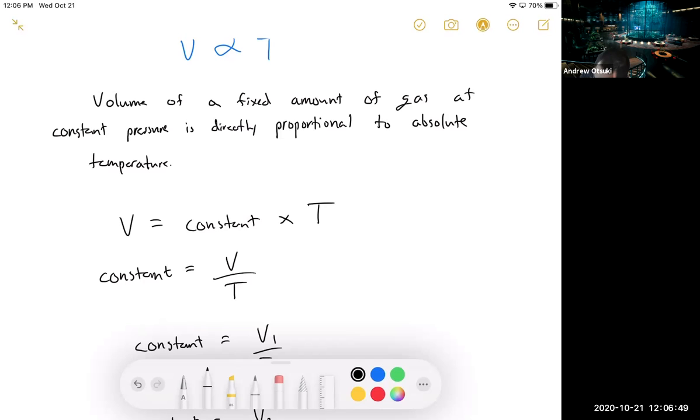So let's just jot this down. Convert proportion to an equation by adding a constant.